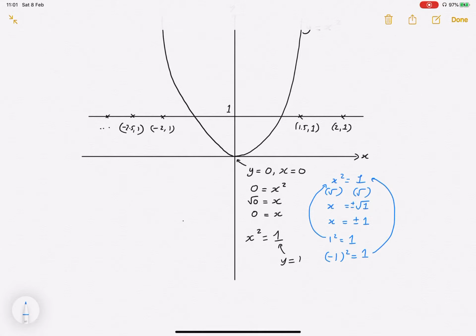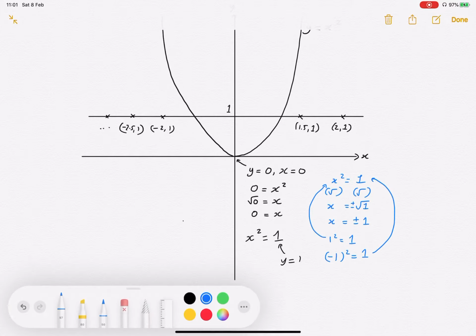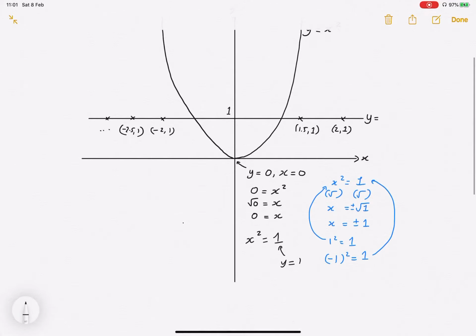Now, what's that got to do with using this graph? Well, you can see this straight line here, y equals 1. Remember, the line is just a collection of all of the solutions to the equation y equals 1. So x equals 1.5, y equals 1, x equals 2, y equals 1, x equals negative 2, y equals 1, x equals negative 2.5, y equals 1.